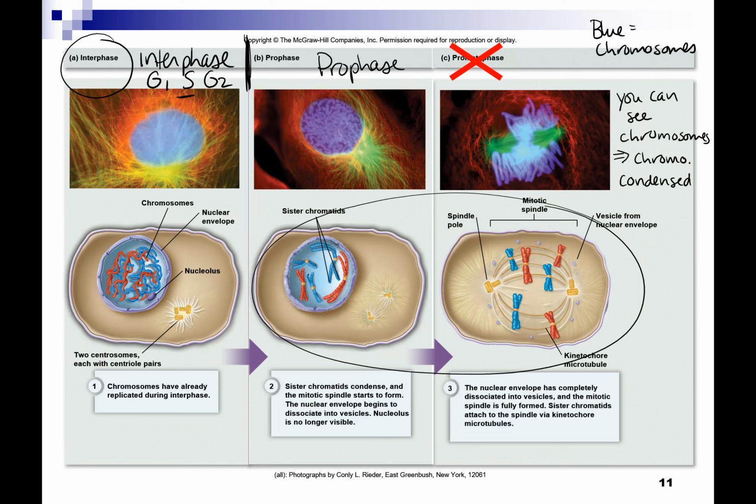Okay. The nuclear envelope is going to break down. So it says here, nuclear envelope breaks down. And spindle fibers form.